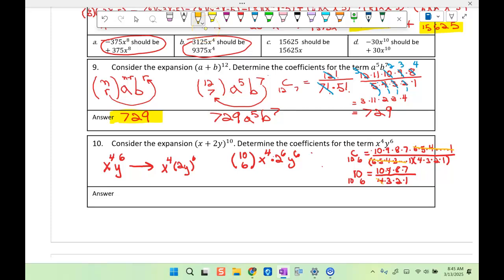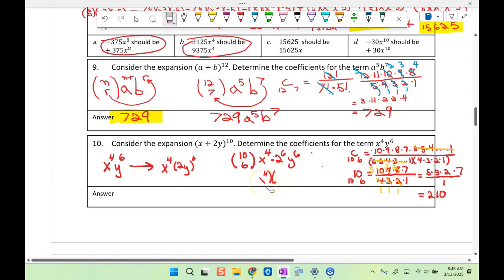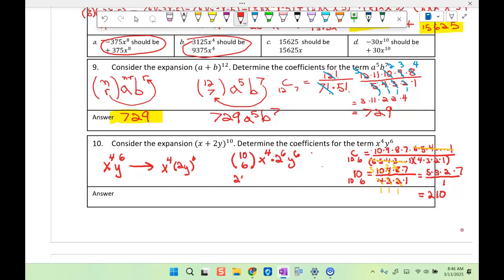I need to do some more canceling. 4, 8, 2. 3 into 9, 3. 2 into 10, 5. So here I've got 5 times 3 times 2 times 7 divided by 1. All right, so that gives me 10 choose 6 is 210.